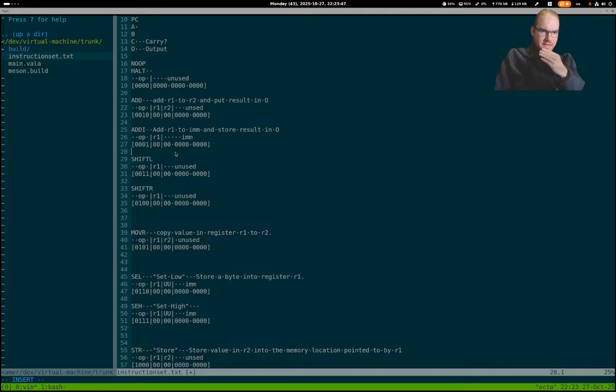Do I really need that? That's what I'm wondering. Because I can just not have that, I guess. Only using registers would be nice. Would be very nice.